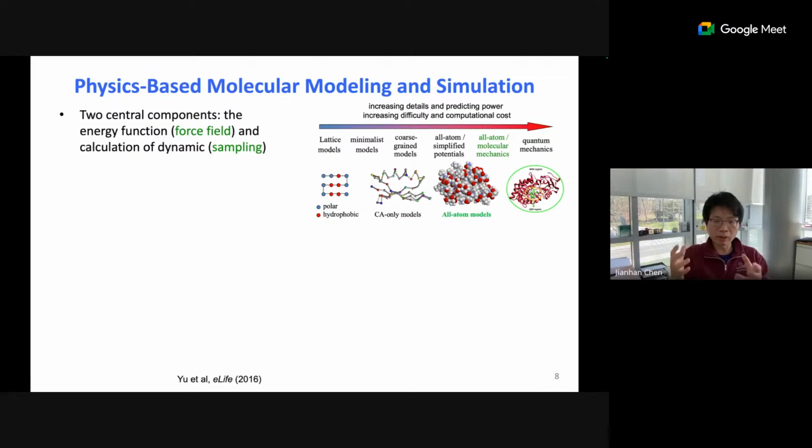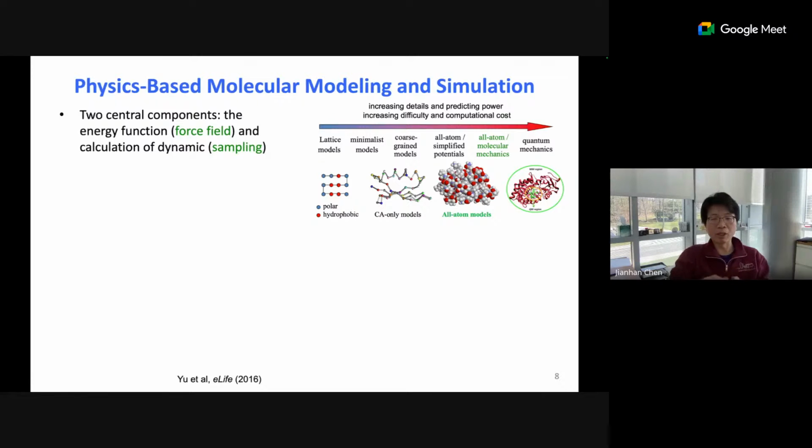If you think about the models that people have used, people have designed models at different levels of resolution. In early days, people used the so-called lattice model, also called the HP model. This is really simplistic.